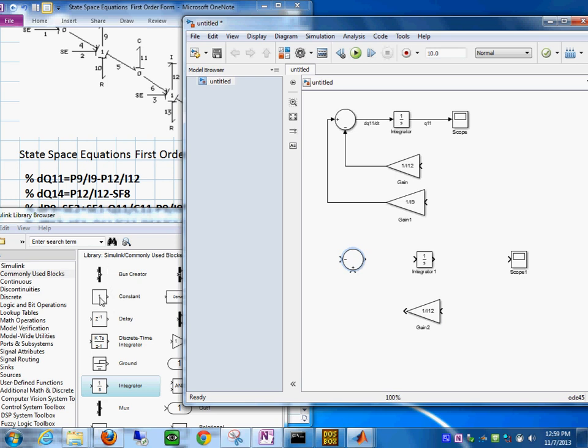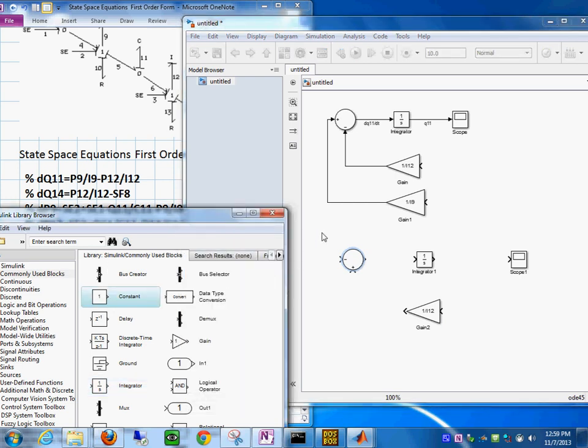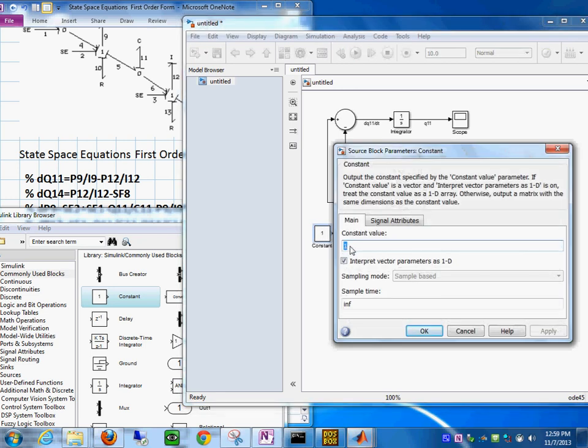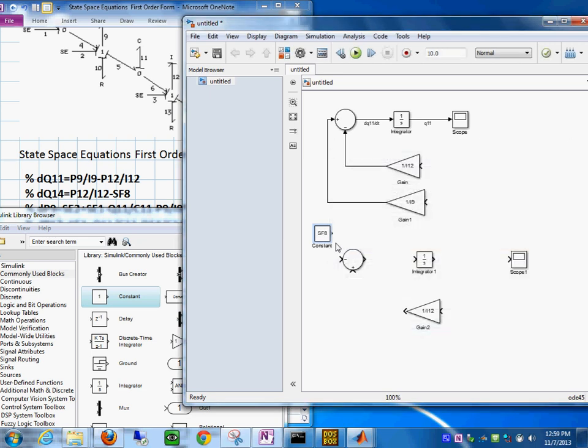And now we need this for the source in here, which is going to be SF8. I'm just putting here SF8 like this. And that one, that's this part. And in here, this is the derivative that we're doing. This is dq14 dt.